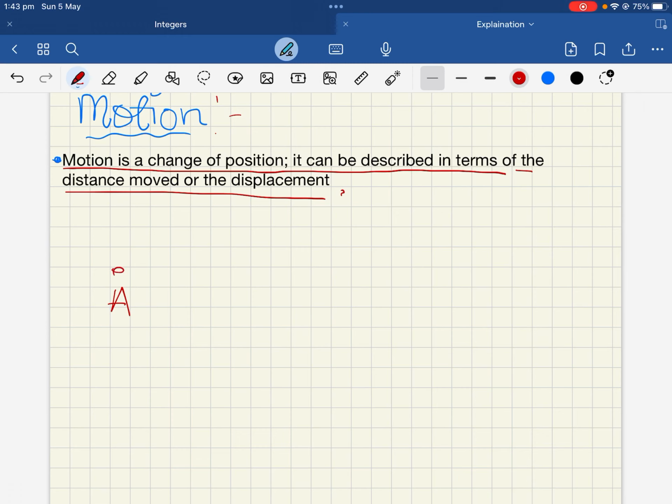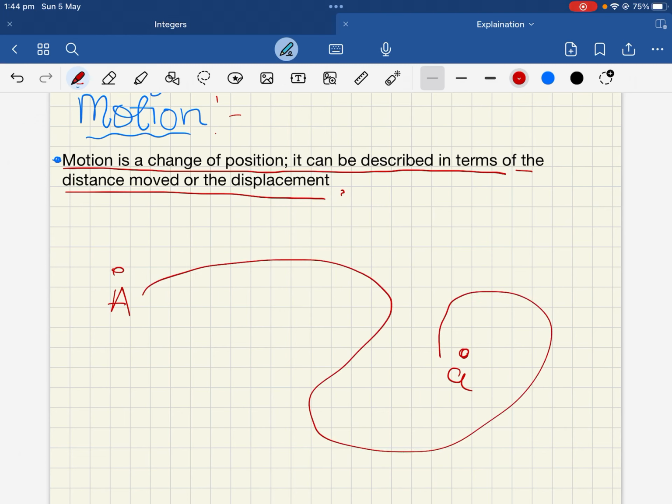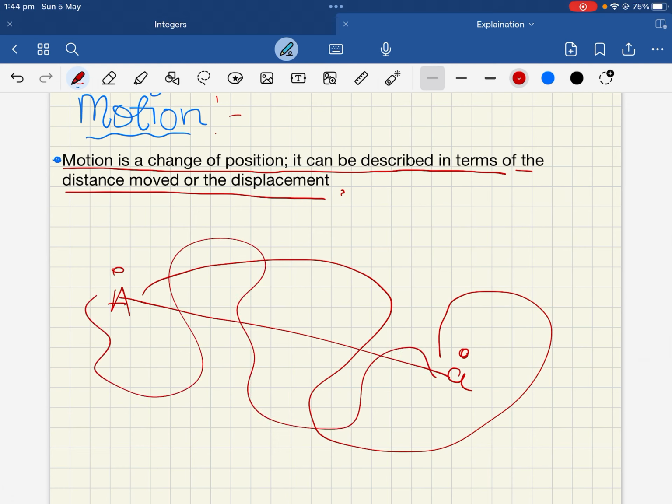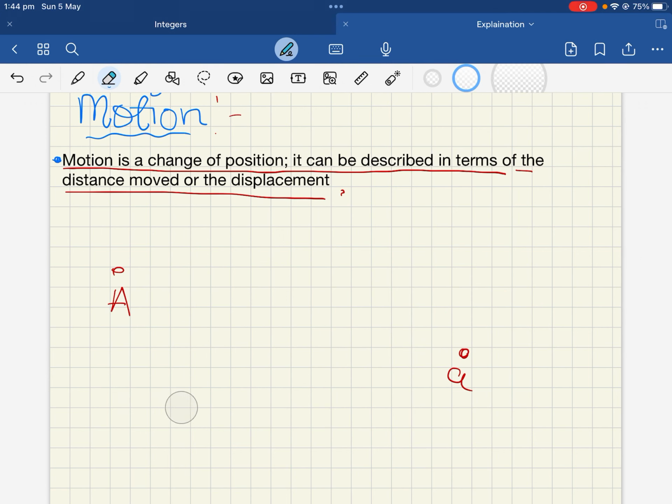Suppose we have a person A, and we have place A. If the person A walks to place A, this is motion. If it walks in a straight line, this is motion. If it walks from anywhere, it will be called motion.